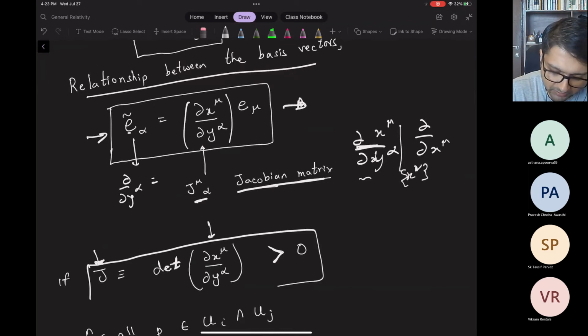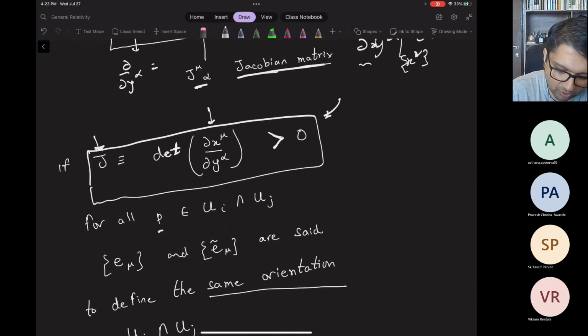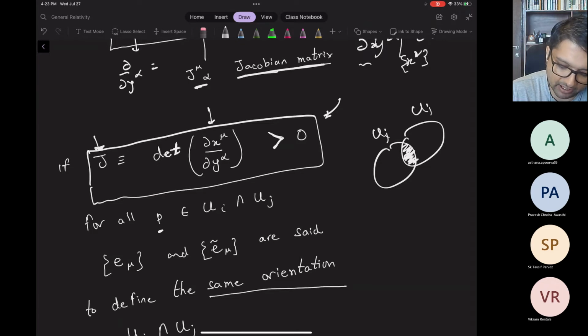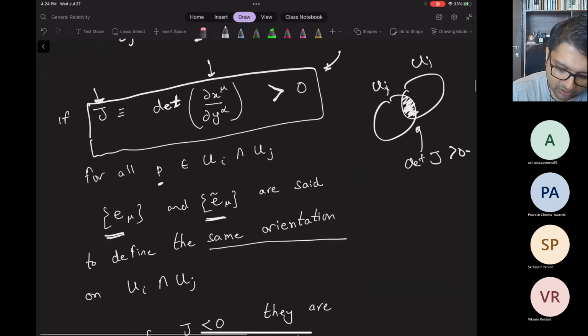And if this Jacobian is greater than 0 for all points P which belong to the intersection of Ui and Uj, then we say that the basis vectors E and the basis vectors E twiddle define the same orientation on the intersection Ui, Uj.